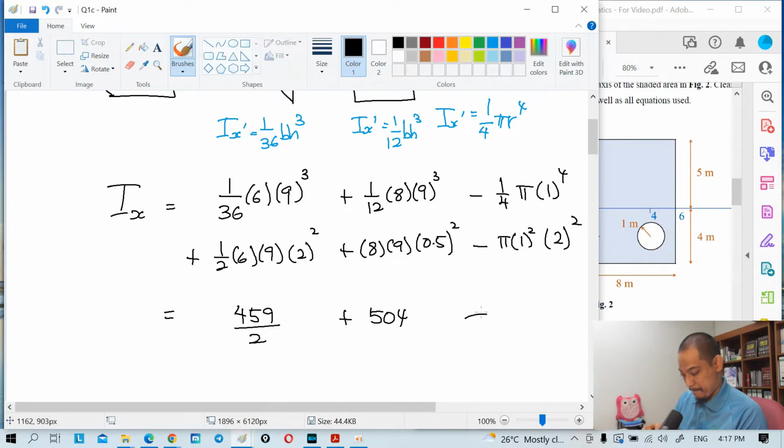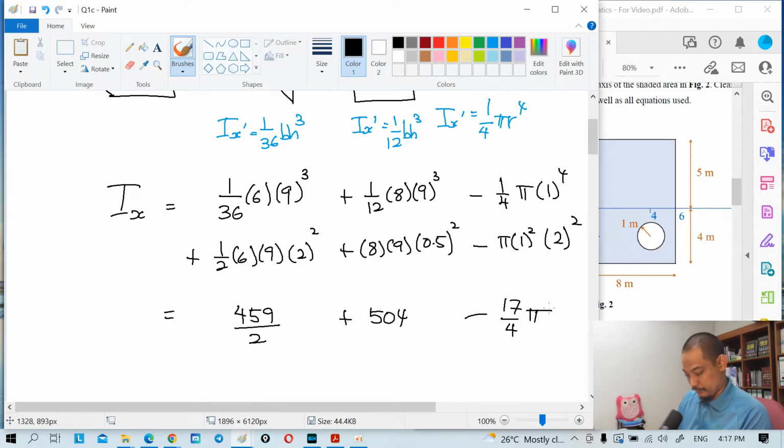and then pi times 1 squared times 2 square. So it becomes 17 over 4 pi. Double check. 1 divided by 4 times pi, pi times 2 square, 17 over 4.